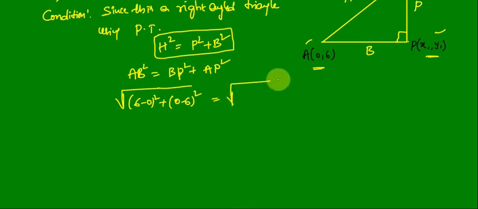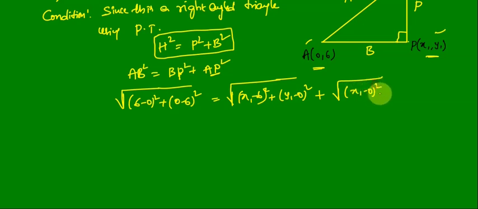So again (x1 minus 6) whole square plus (y1 minus 0) whole square, right? Then after that, last AP square. Now A point here you can see (0, 6) and P point is (x1, y1), therefore again same formula, (x1 minus 0) whole square plus (y1 minus 6) square.